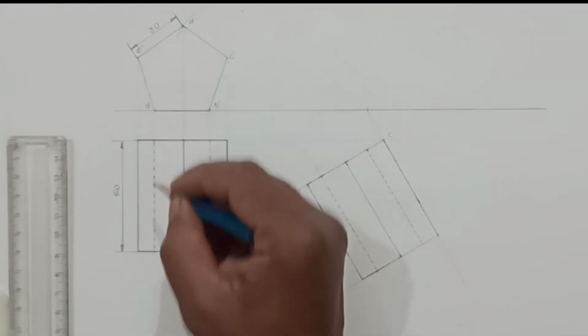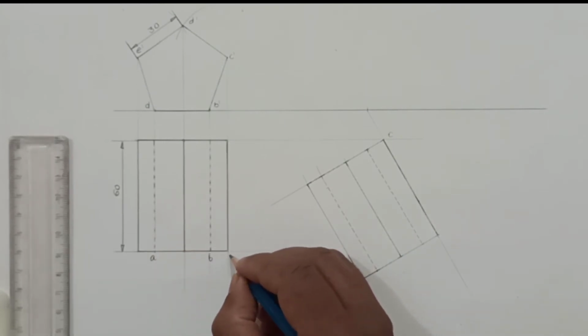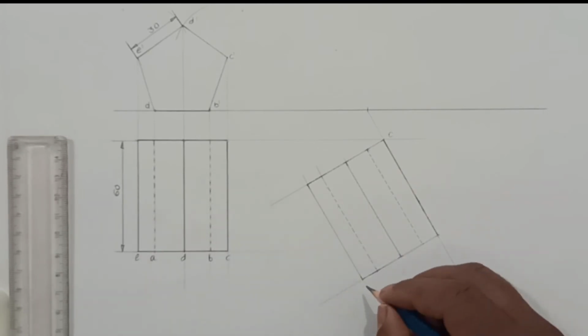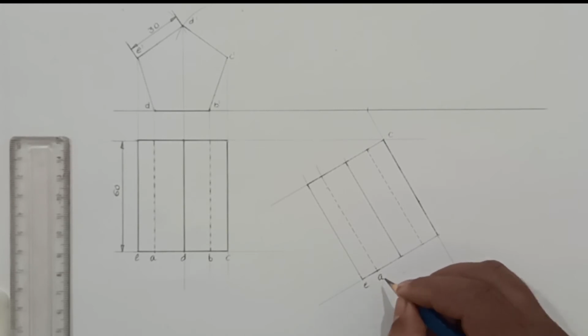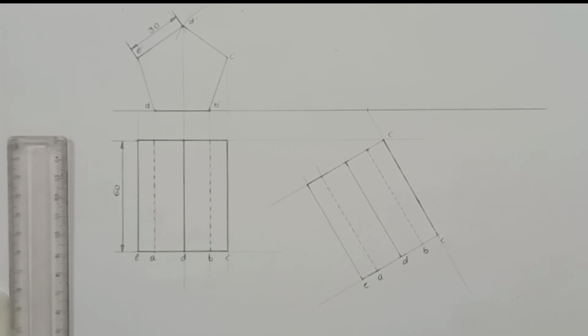Label the points here: A, B, C, D and E. Here will be E, A, D, B and C.